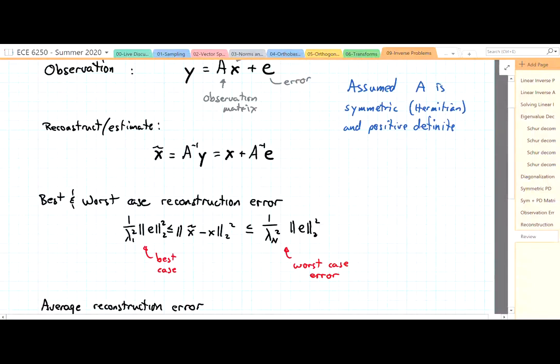What does that mean in terms of a real problem? That means that we have exactly as many observations as we have variables that we're trying to observe. And it also tells us that the observations are independent. In other words, each observation is giving us some new information.